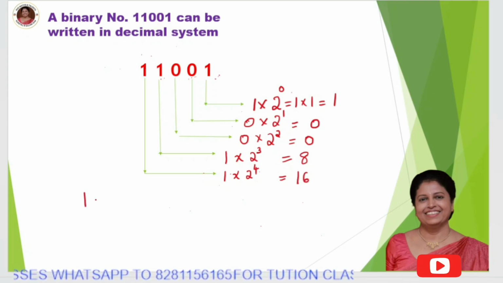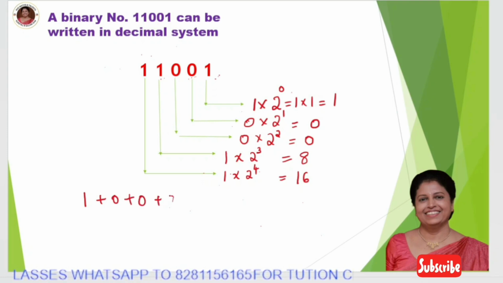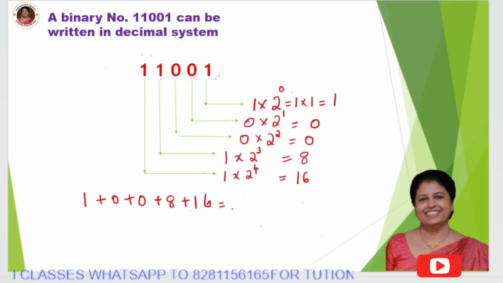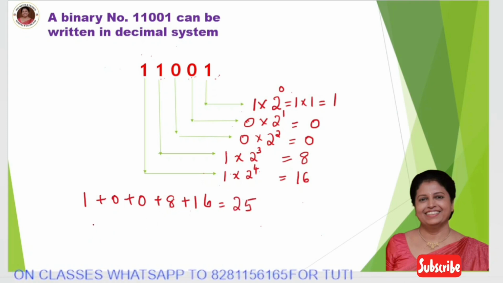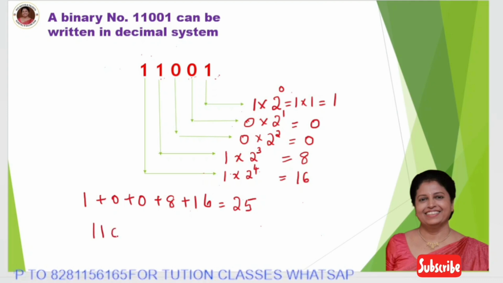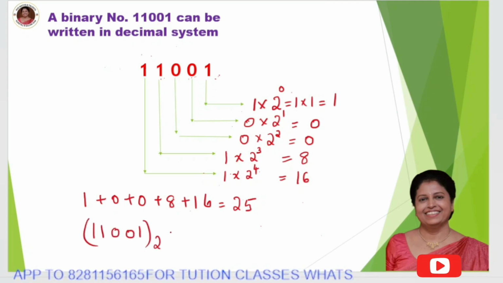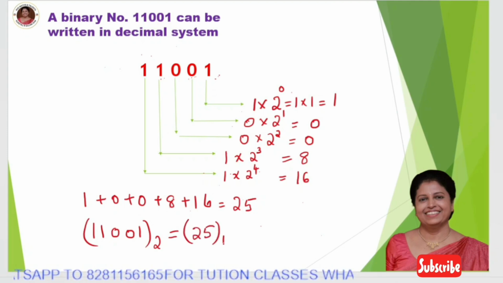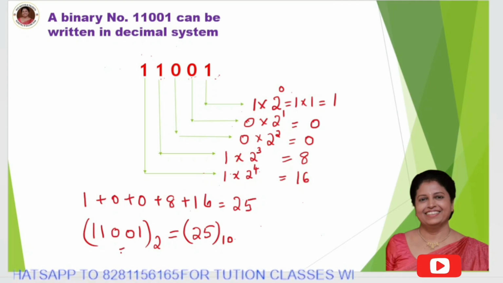Add all these: 1 plus 0 plus 0 plus 8 plus 16, that is equal to 25. That means this number 11001 to the base 2 is equivalent to 25 to the base 10. Okay. That means we have converted this binary number into a decimal number.